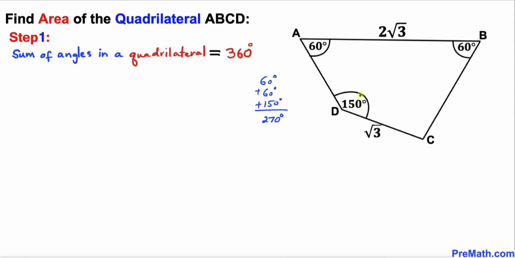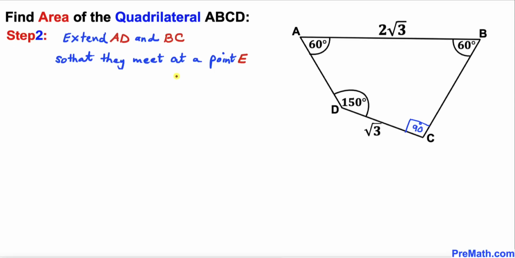So in order to make 360 degrees, this angle has got to be 90 degrees. Therefore angle BCD turns out to be 90 degrees.